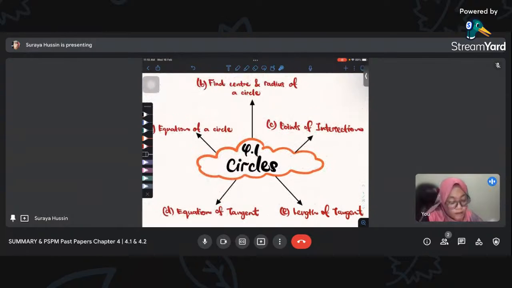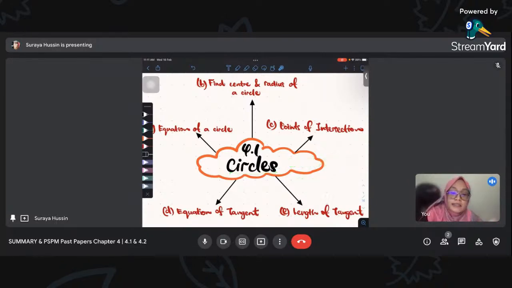And Google Form yang kamu isi, all of you yang kamu isi tu semua, saya mendapati majority of you says that subtopic circle is the easiest compared to 4.2 ellipse and 4.3 parabola.